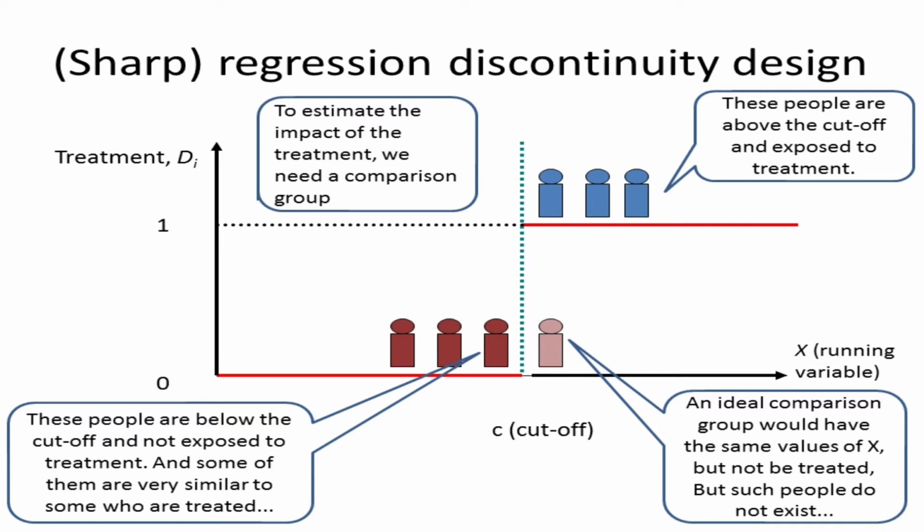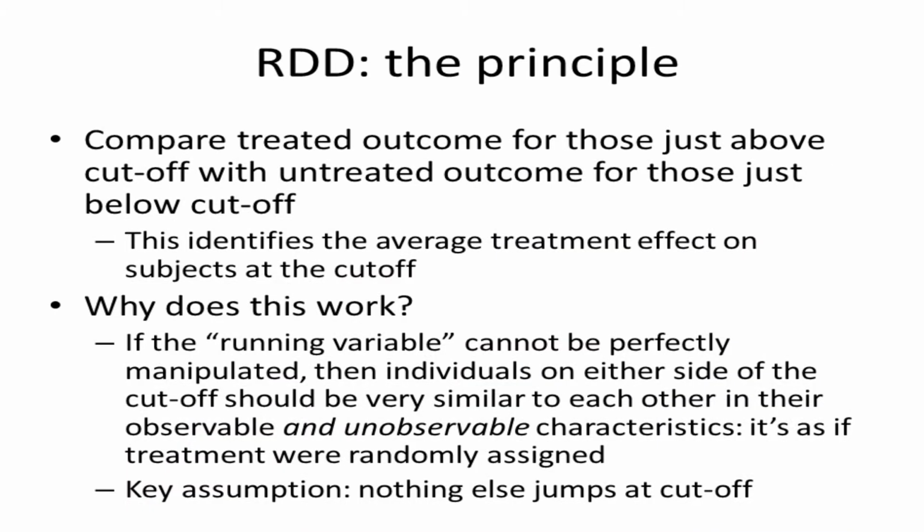Okay, I'll carry on. Why does this work? I'm going to be a little bit informal here. I think it's very easy to give the intuition, but quite hard to explain why it works. There is an important assumption here that the running variable cannot be perfectly manipulated.